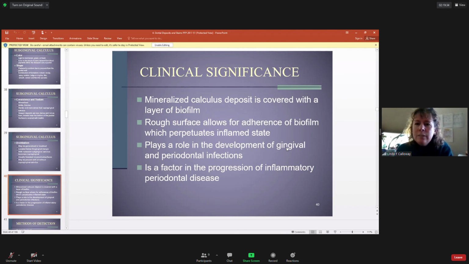But calculus is not creating the acidic irritation to the gums and the breakdown of the teeth for caries. It is holding the condominiums that the biofilm lives in. It's the rough surface, like if you think of the ocean and the coral reef, all of the living organisms attached to all that rough coral. Same thing in the mouth.